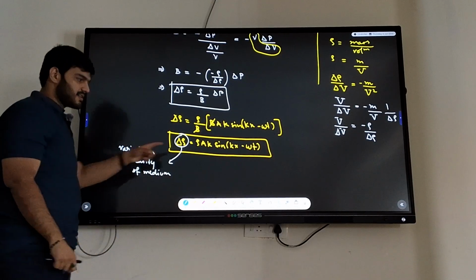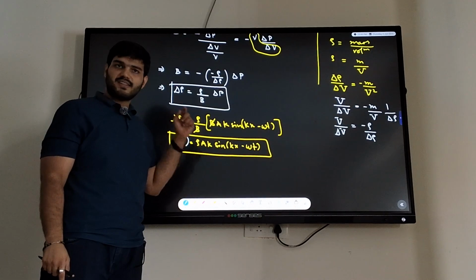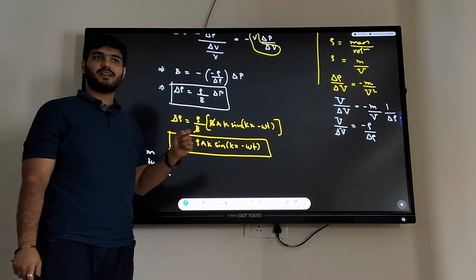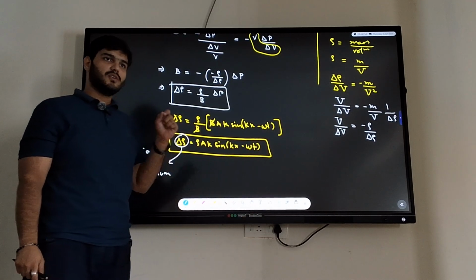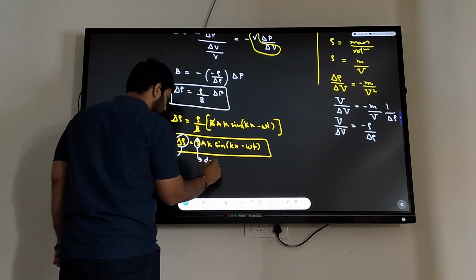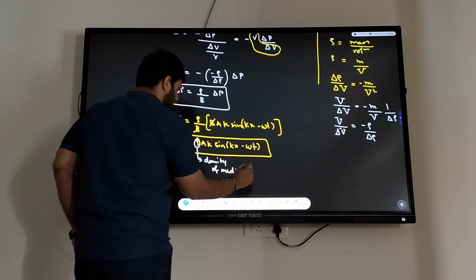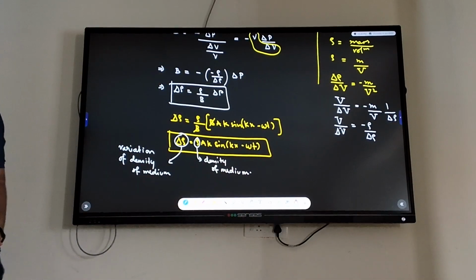Okay. What is that rho? That's the density of the medium. Initially, when no disturbance was moving, what was the density initially? So this is the density of medium, na? Is it okay?